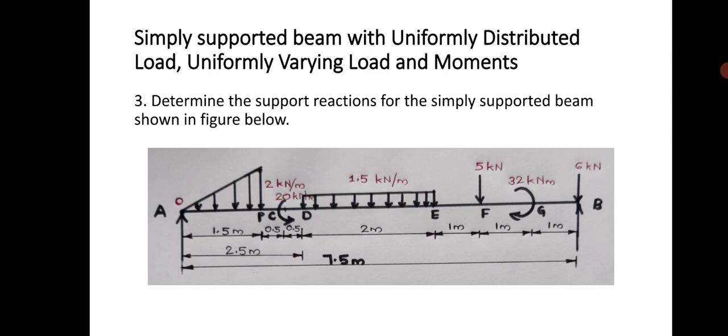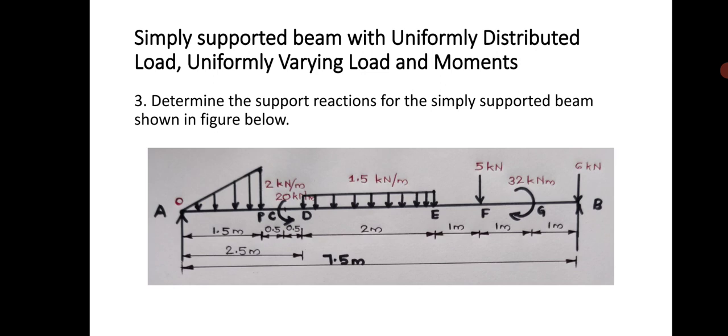EF distance is 1 meter. At F, a vertical point load of 5 kilonewton is acting. FG distance is 1 meter. At G, a clockwise couple of magnitude 32 kilonewton meter is acting. GB distance is 1 meter, and at B, again a vertical point load of 6 kilonewton is acting.